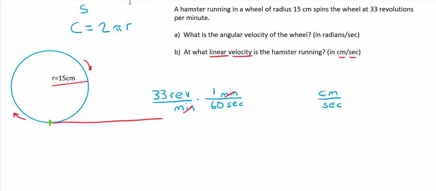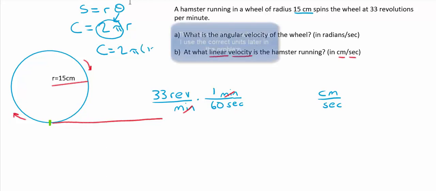Or, if you're using the formula for arc length, which is s equals r theta, notice this is the same formula where the angle theta was just replaced with 2 pi, because one revolution is once around the circle, which is 2 pi units. So your arc length would be called the circumference in this case because it's the full circle. A full circle is 2 pi radians, so theta would be 2 pi, and you could copy the r. Either way, you get the distance around the circle, the circumference, to be 2 pi times whatever the radius is, and they gave that to be 15 centimeters here.